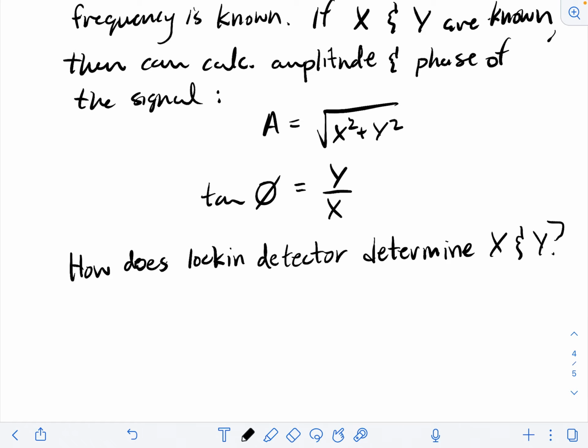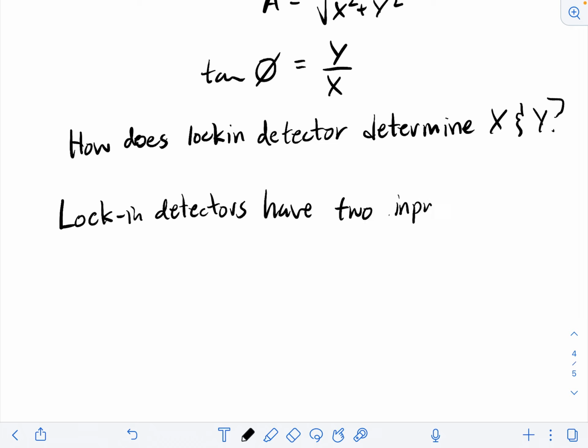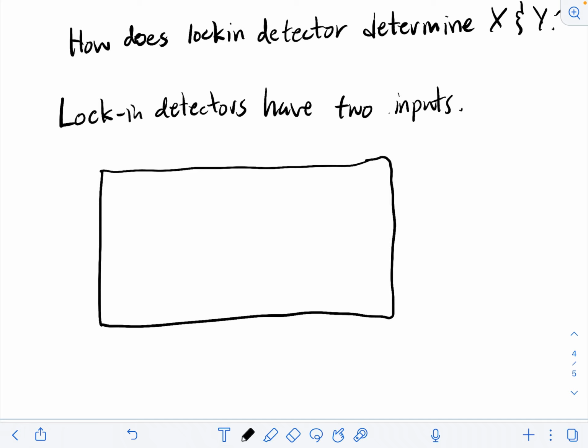Okay, good. What we need to know is that lock-in detectors have two inputs. One of the inputs is the signal that you're trying to detect, and maybe that input also includes a whole bunch of noise that you are not interested in.